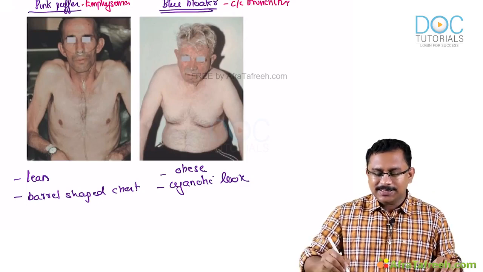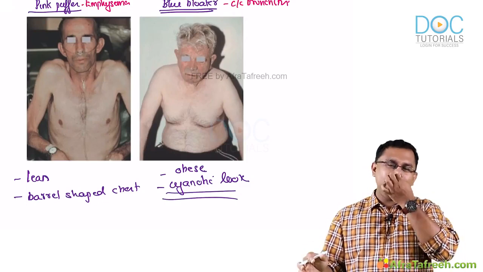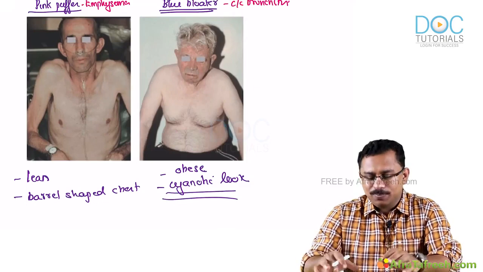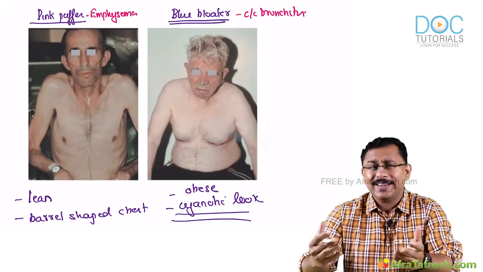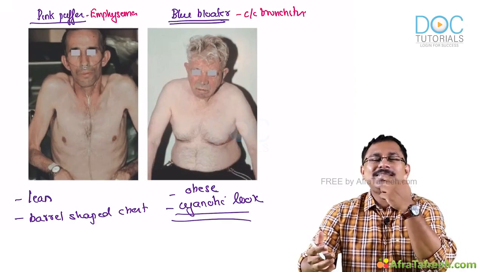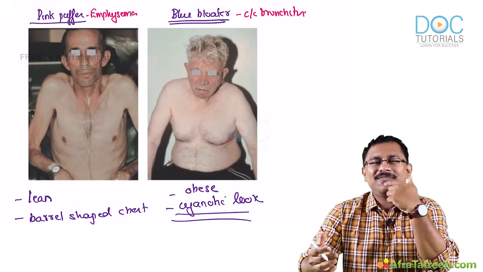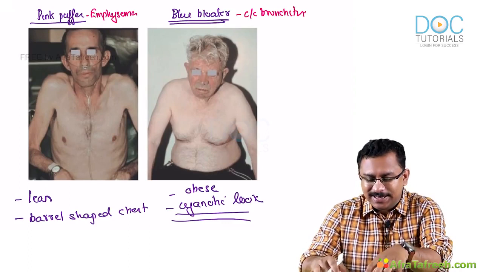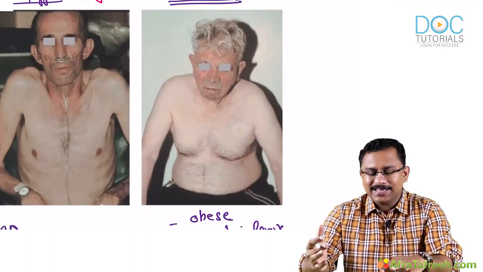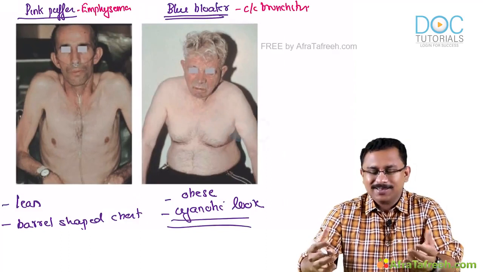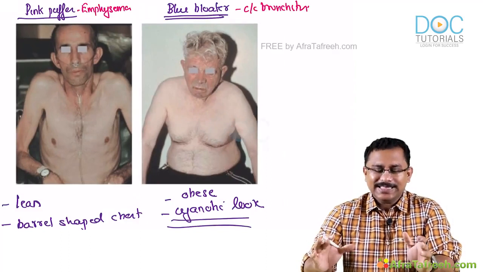But this look, the cyanotic look, is very important. That will help you. Probably, since this is a case of a blue bloater, it is not the very typical blue bloater, because in blue bloater sometimes you can have the cyanosis very much appreciated in the lips, which is not much appreciated here. All you can appreciate here is that this man is slightly obese, he is breathless. Okay, so that is it.